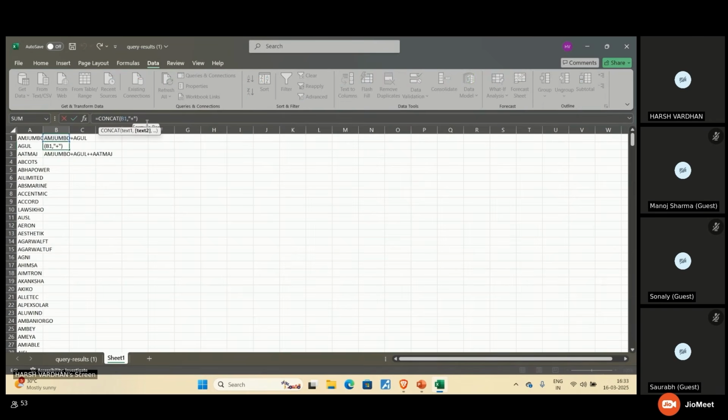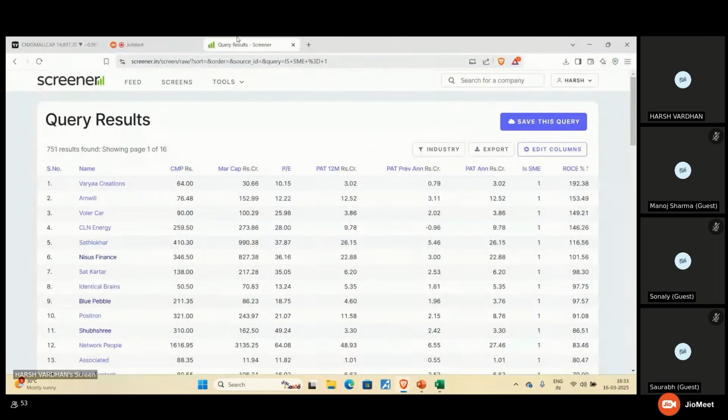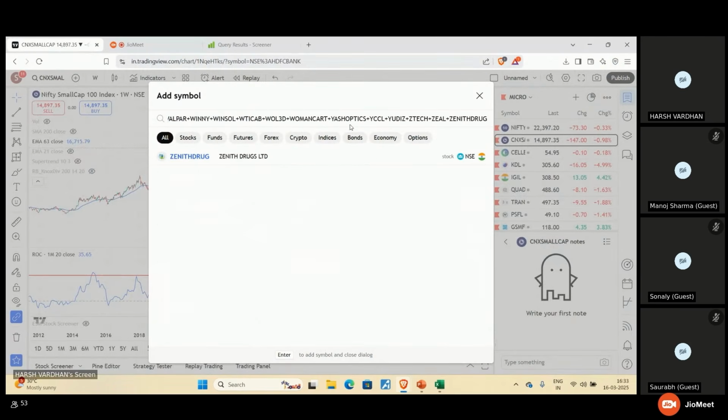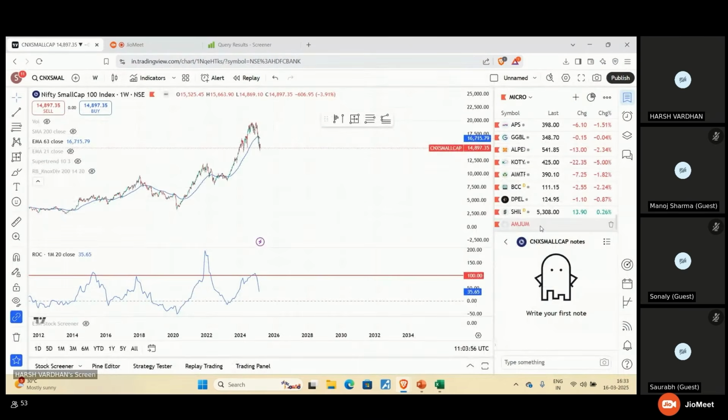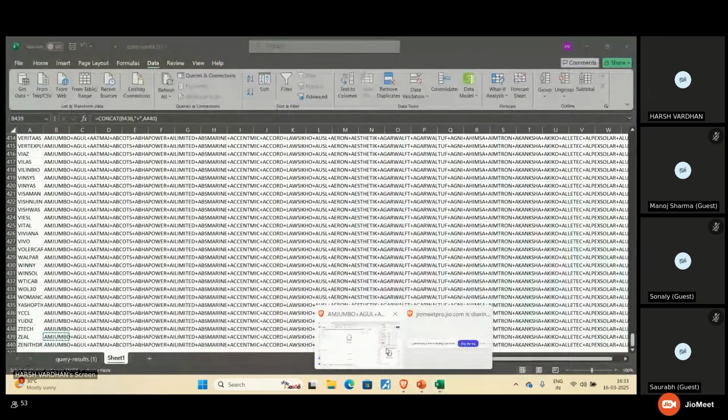Okay. Where's the mistake? Generic drugs in SME? Oh, that is.